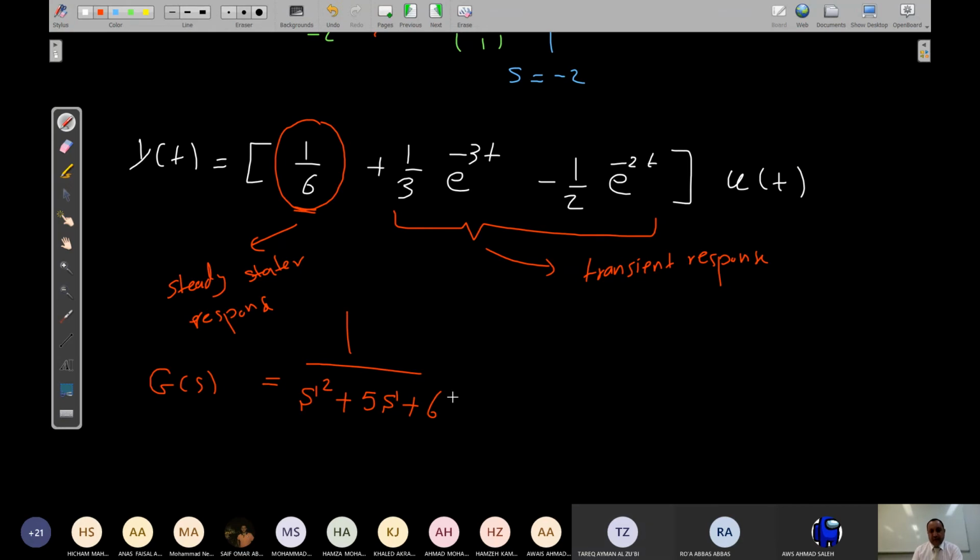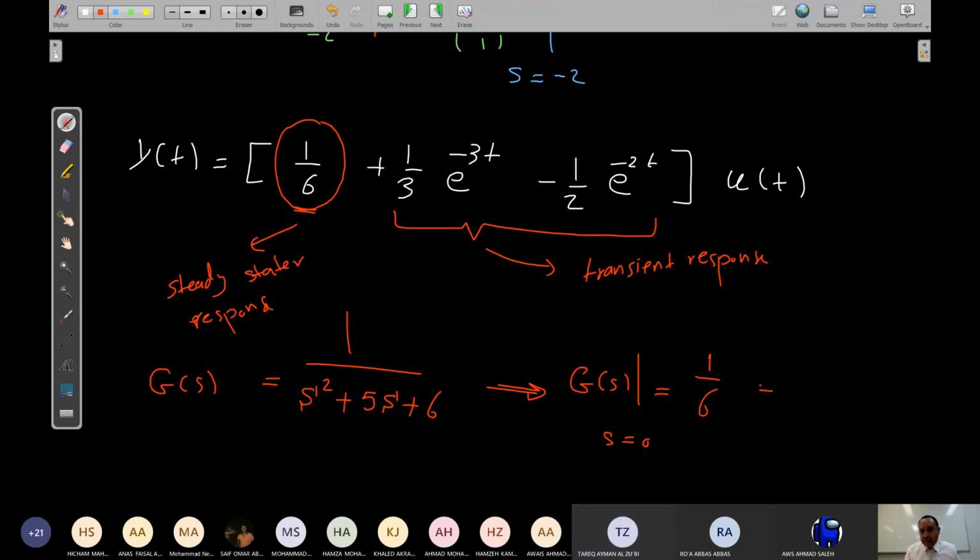Tell me, g of s at s equal to 0 is equal to what? 1/6.